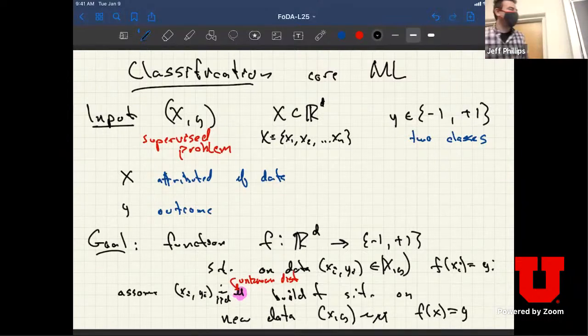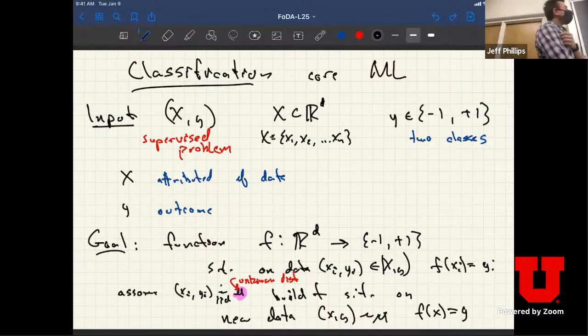Now, I'm not necessarily going to get this on all the data, but I want in general for this to be true, on as many data points as possible. Being close doesn't count, so it doesn't necessarily cut it anymore.